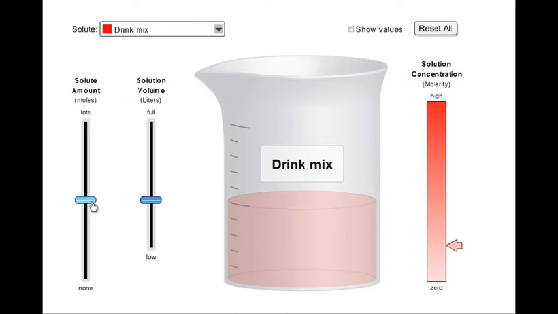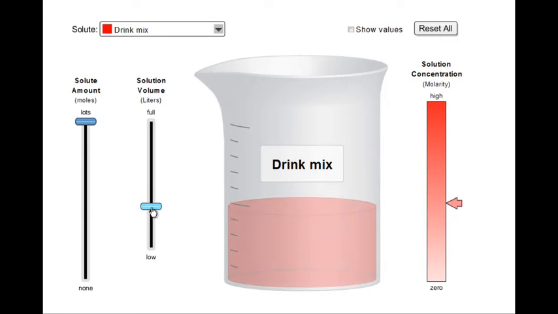So let's start with a simple drink mix and go all the way down to 0 amount of solute. Now, if we add more solute, it starts to become more and more concentrated. And if we were to maximize the amount of solute for this particular example, it would be in the middle in terms of concentration.